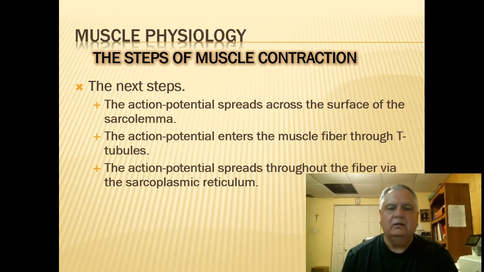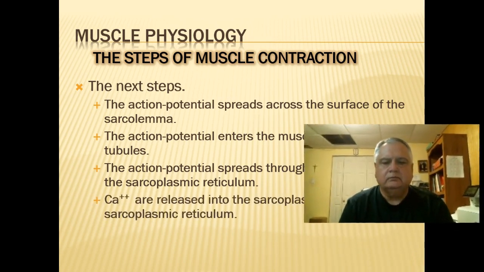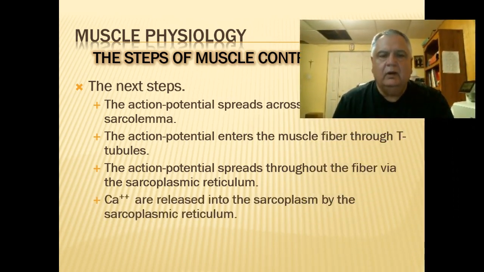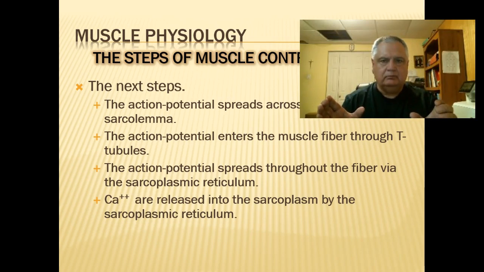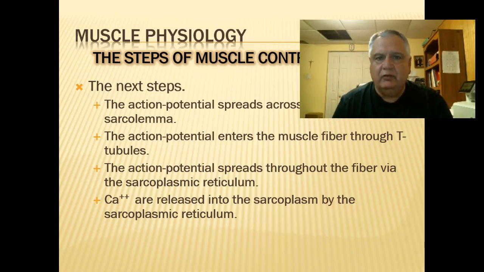Eventually, as it spreads down through the T tubules, the action potential will spread to the sarcoplasmic reticulum. Now remember that the sarcoplasmic reticulum has those cisternae that have large amounts of calcium in them.